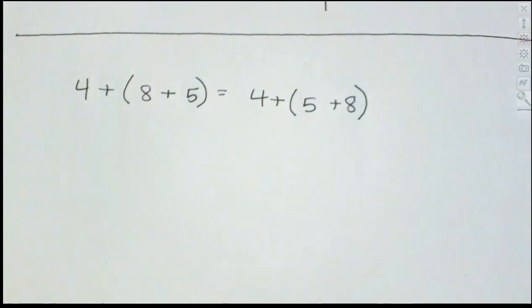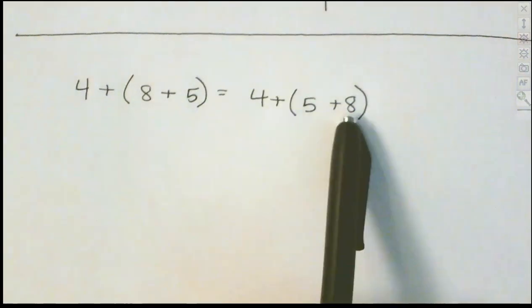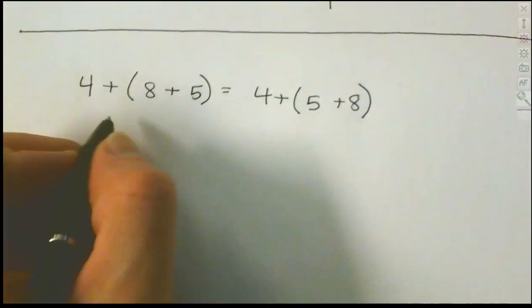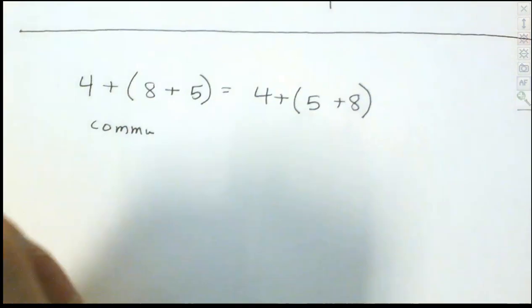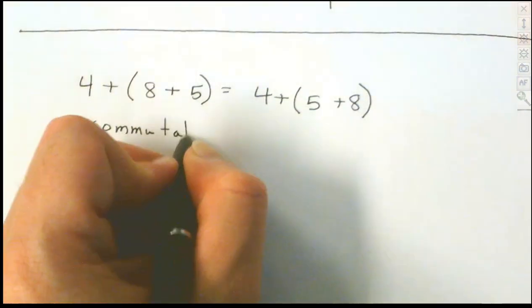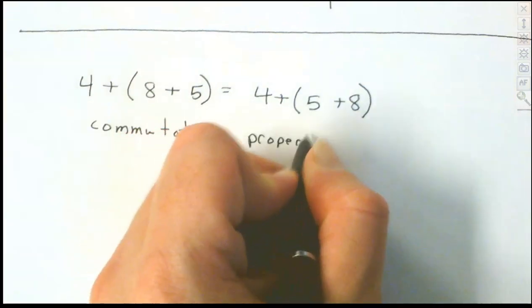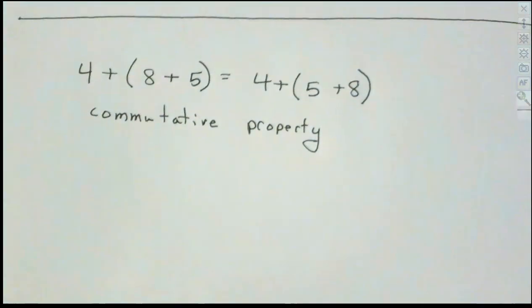I changed the order of the 8 and the 5 when I added them together and made that 5 and 8. So this would not be associative. This would be the commutative property, because I did not change the grouping. I changed the order.